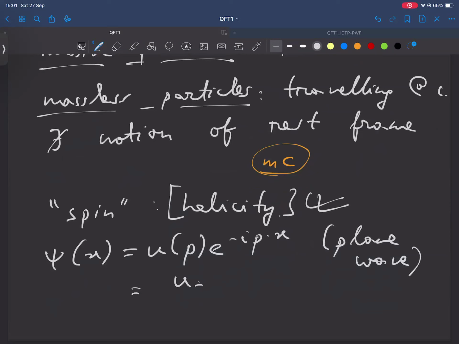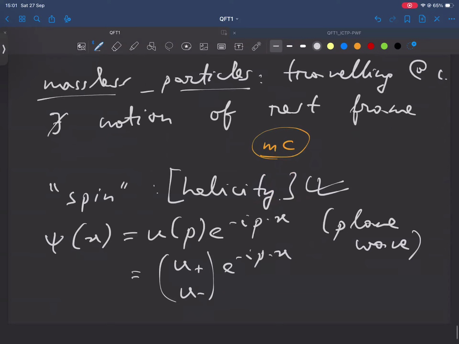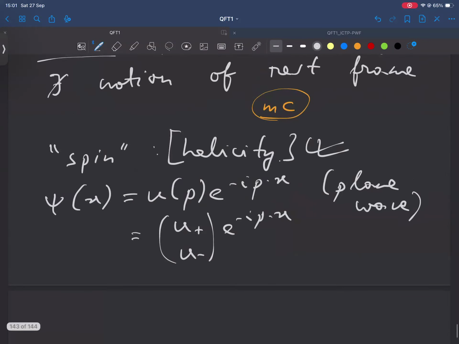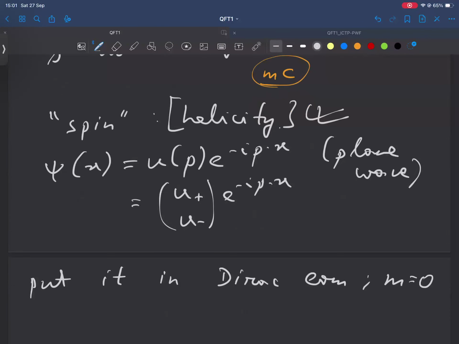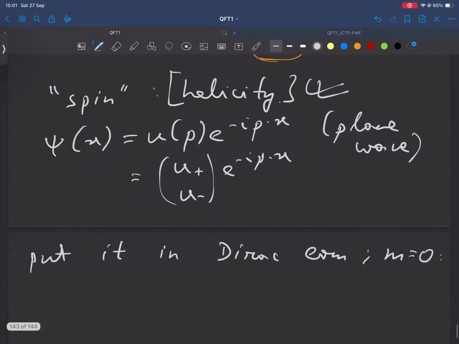Sorry, these are four-vector inner products. So this is u plus and u minus, and there's a plane wave attached to it, and then you put this in Dirac's equation of motion and set m to 0.